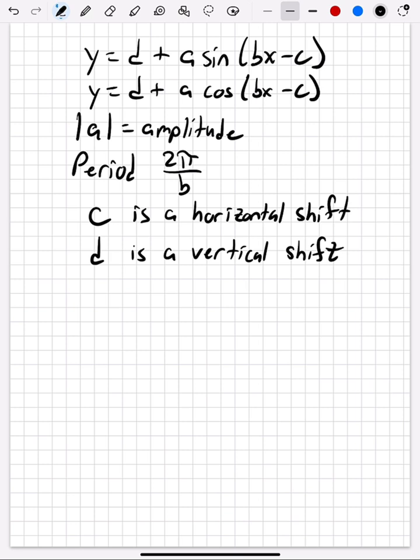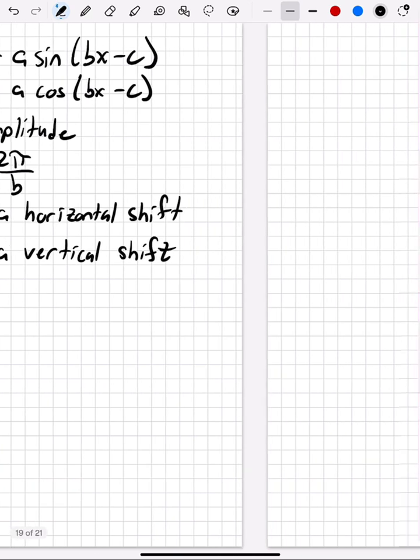Now let's look at 2 example problems here and answer some questions about them. Let's look at example 1. We'll say y is equal to 4 times the sine of 9x.